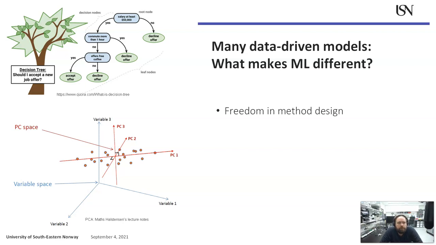So if you compare something like a decision tree, which has this very simple structure of asking questions and then checking the answer, and then stringing together more questions in a sort of tree-like structure. So this is sort of an upside-down tree.